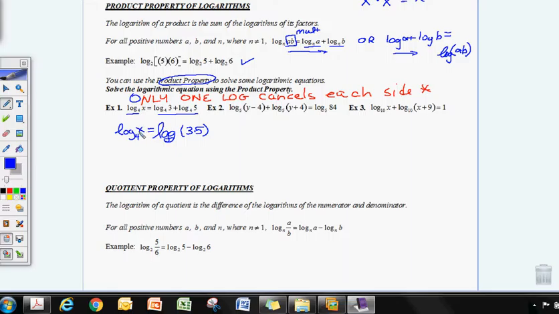And I have to come back here. I omitted my 4 over here. And now you can see that the log from the left cancels with the log from the right. And I'm left with x equals 3 times 5. So x is going to equal 15.